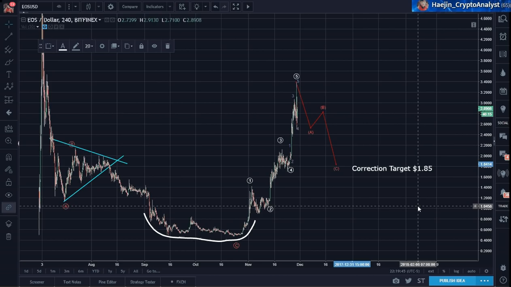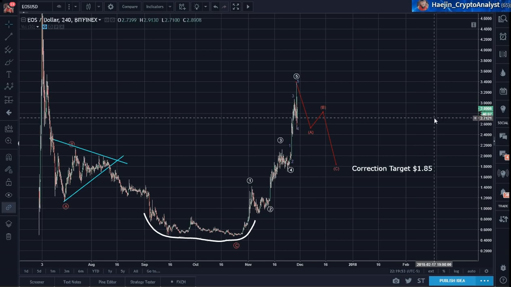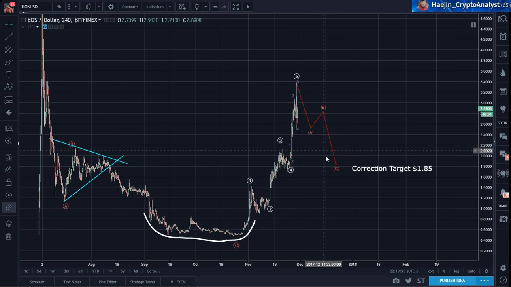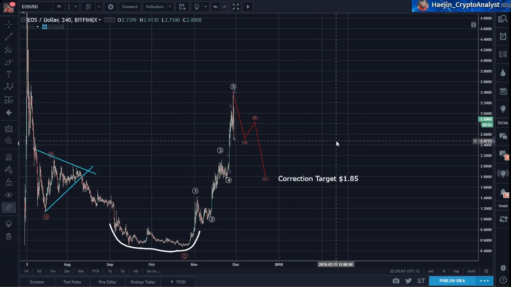Okay. But see, as a technical analyst, you really have to be able to see the forest from the trees. If you focus myopically on this, it's going to be painful. So what I'm saying is, let's take a look at this again.